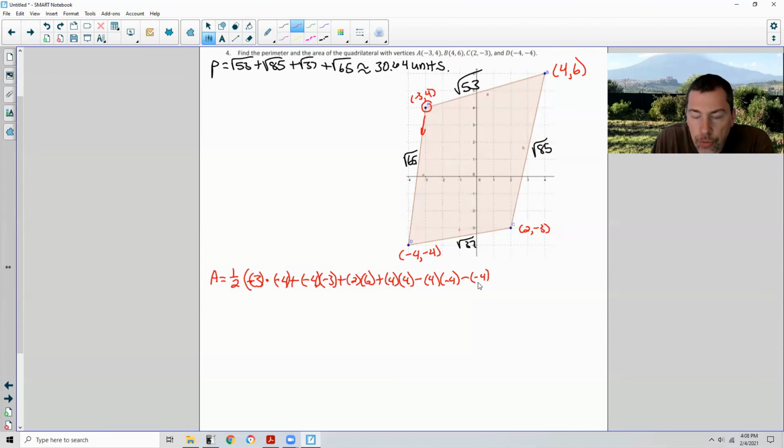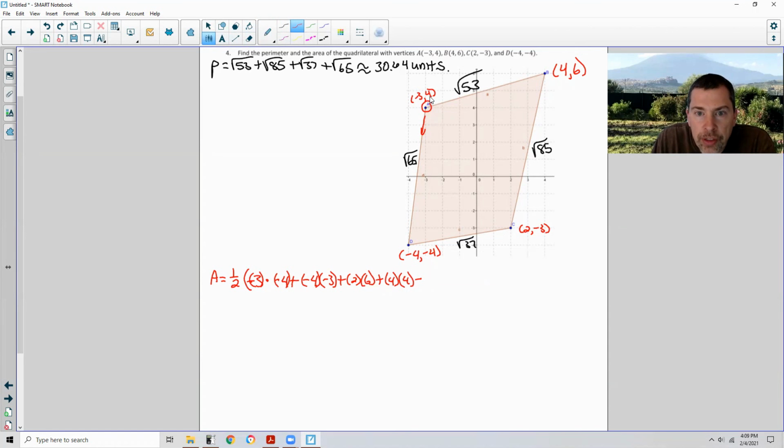So where was I? Negative 4 times this y, which is negative 3, minus this x. Am I doing this right? No, I'm not. I lost track. So let me just go back to the beginning. I might have been doing it right. Just hold on and see. I think I started mixing up my x's and y's.